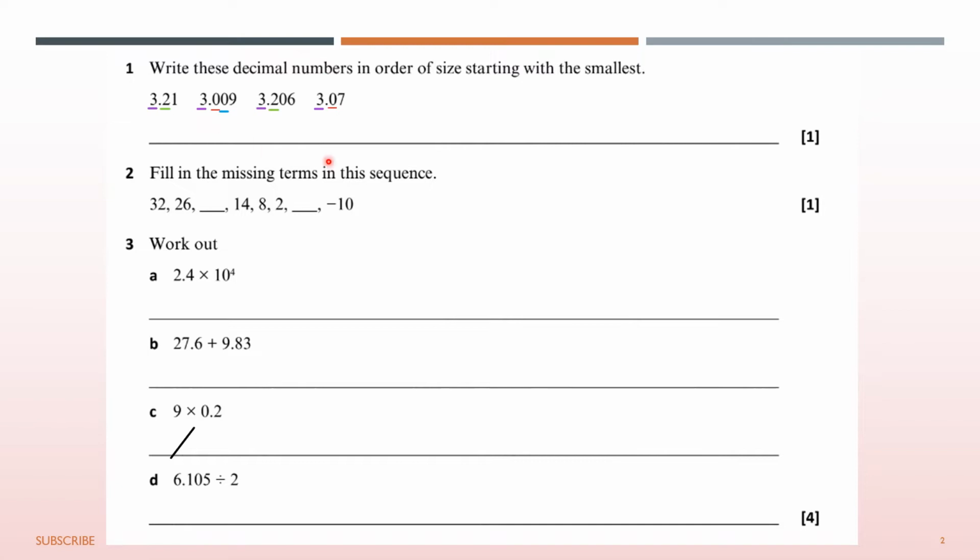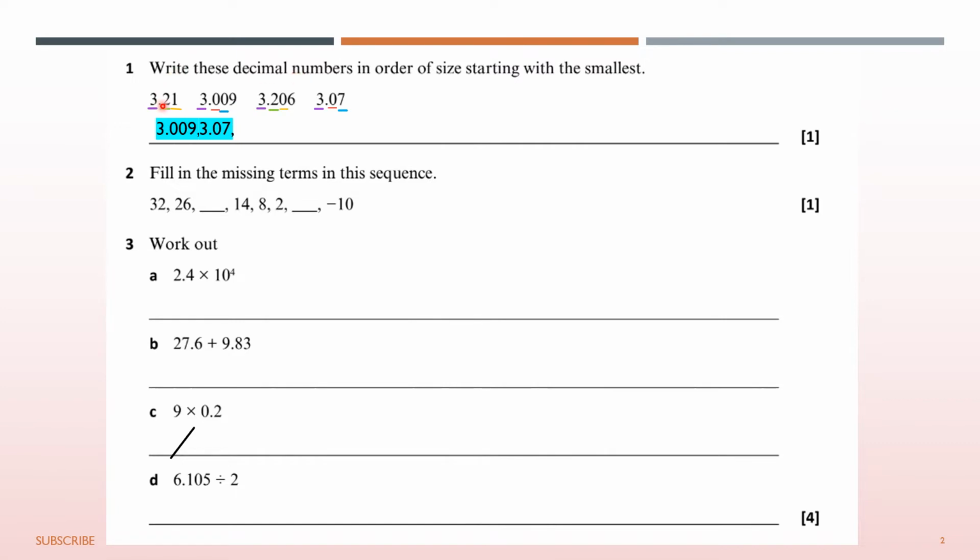For this number it is 0, and for this number it is 7. So the smaller one between these two is 0, of course. So 3.009 is the smallest number, followed by 3.07, and between these two we can look at the third number.